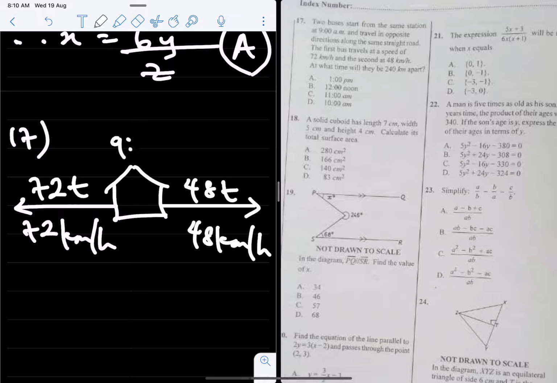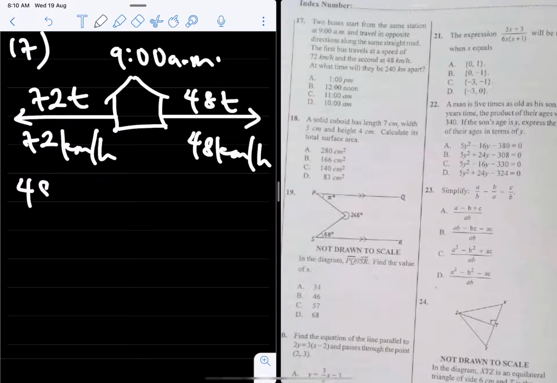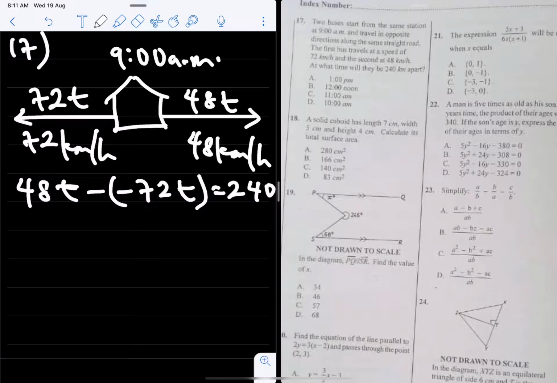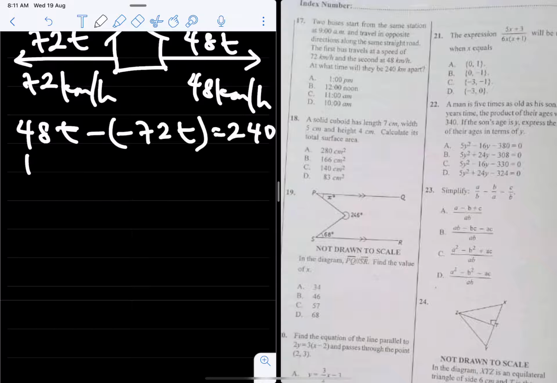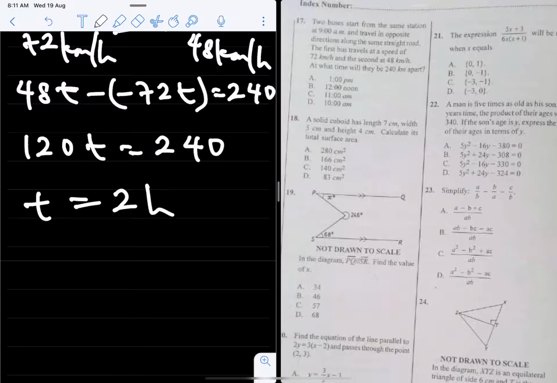They started their journey at 9 a.m. That simply means 48t. Don't forget, that's the one in the positive direction, so it's supposed to be positive, and the one in the negative direction will be negative. That means 48t minus negative 72t is equal to 240, which means 48 plus 72, and that's 120t equals 240, which means t equals 2 hours.